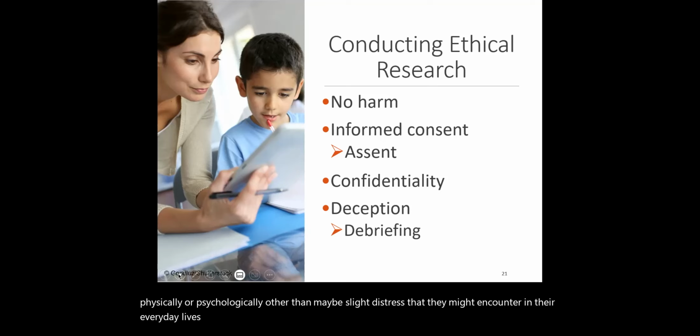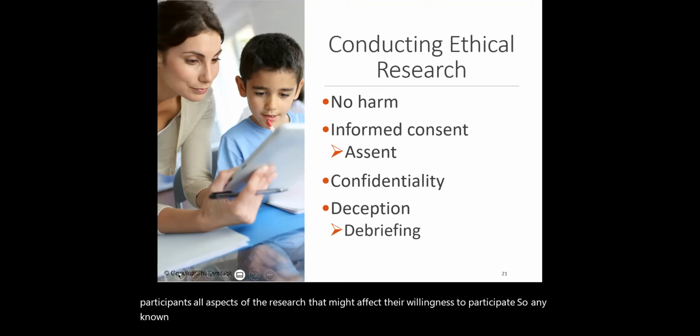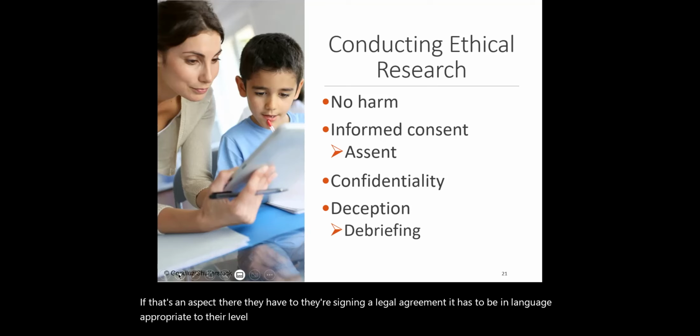You also have to have informed consent, meaning you have to explain to your participants all aspects of the research that might affect their willingness to participate. So any known risks, if that's an aspect there, they're signing a legal agreement. It has to be in language appropriate to their level of understanding.